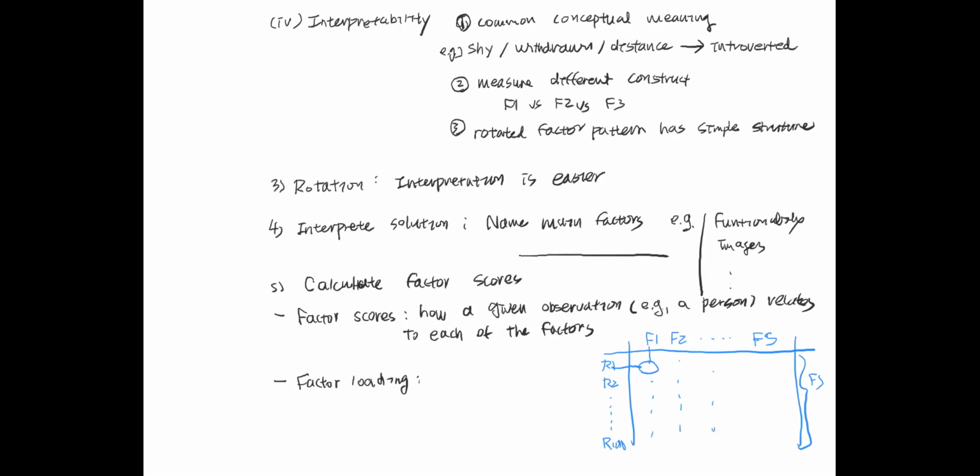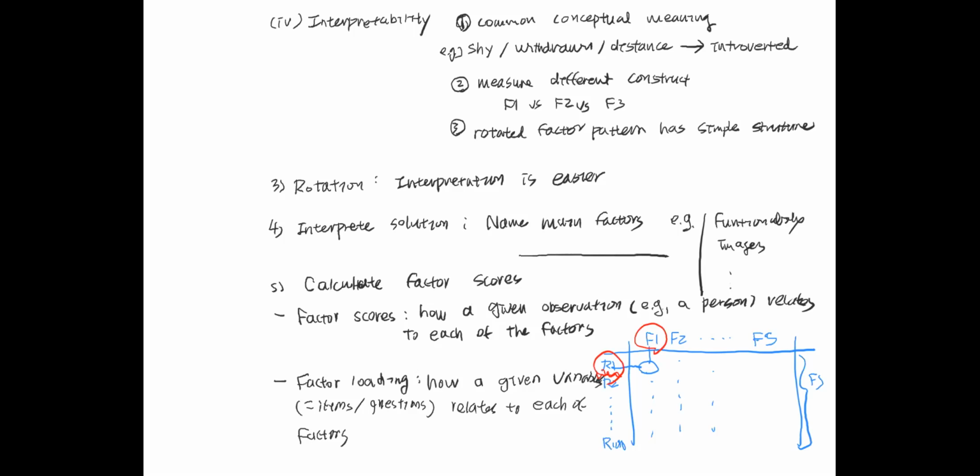Factor loading tells how a given variable, where variable equals item equals questions in the survey context, relates to each of the factors. So you see the difference, right? The factor score tells how a given person, given respondent, relates to the factors, but the factor loading tells how a given variable relates to each of the factors.